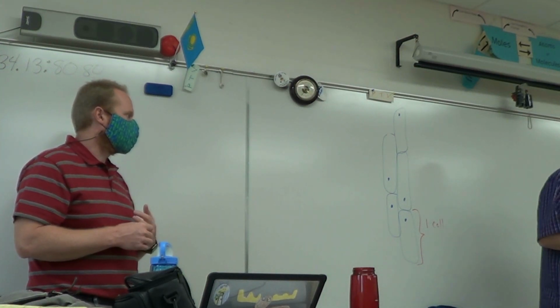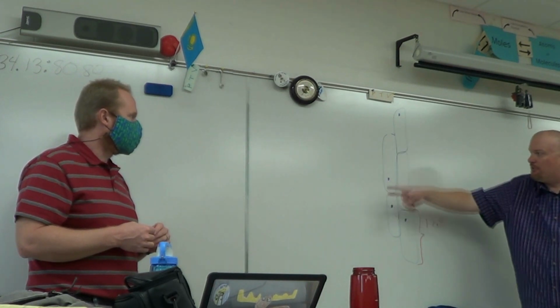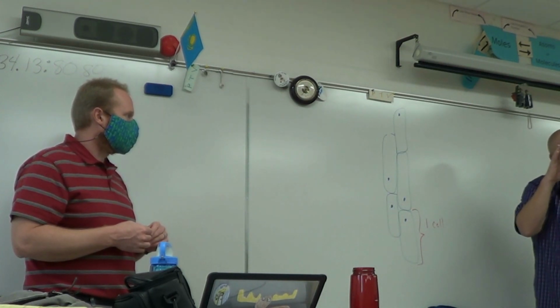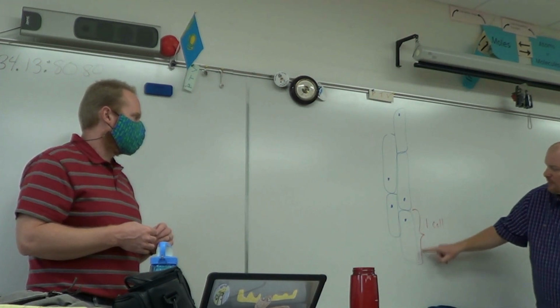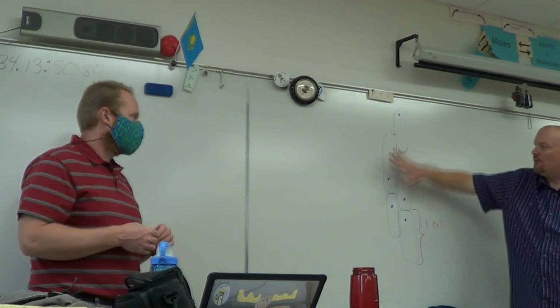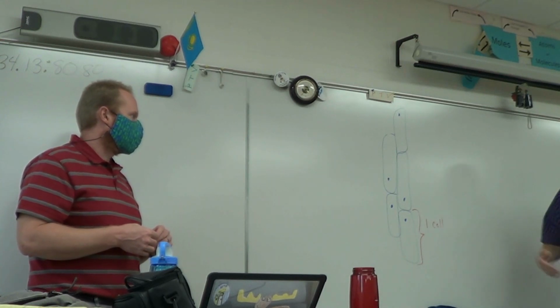A common mistake that we see every year, say draw an onion cell, right? Someone will draw everything they see through their eyepiece. So this is one cell. This whole thing is actually, in this instance, 5.